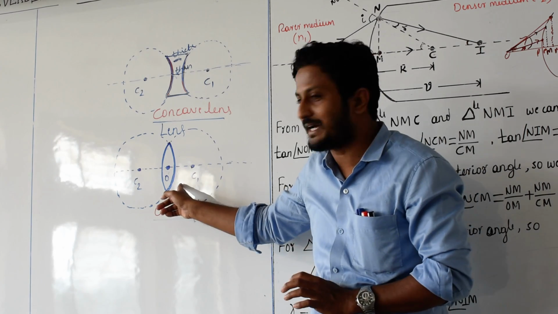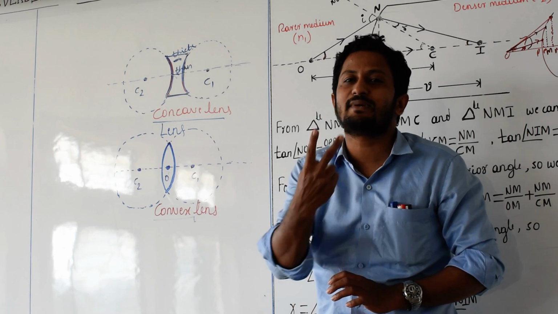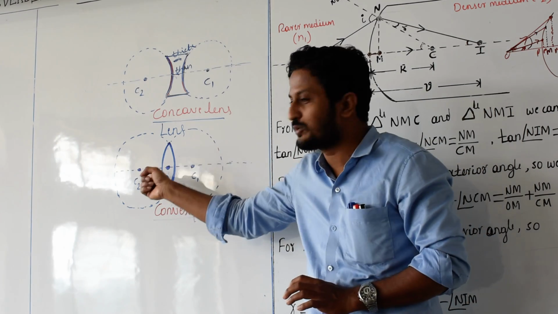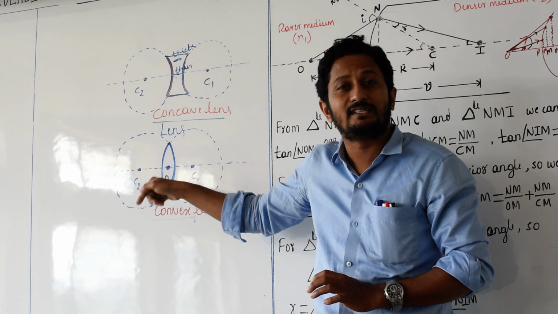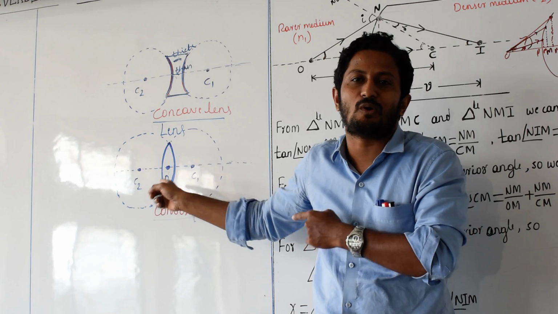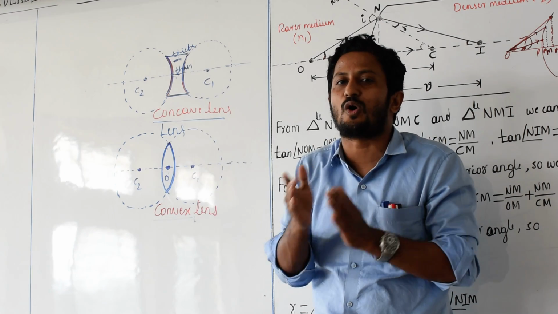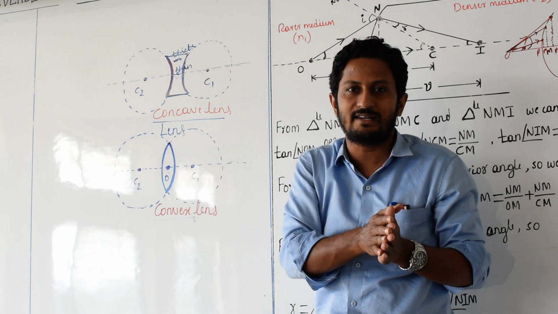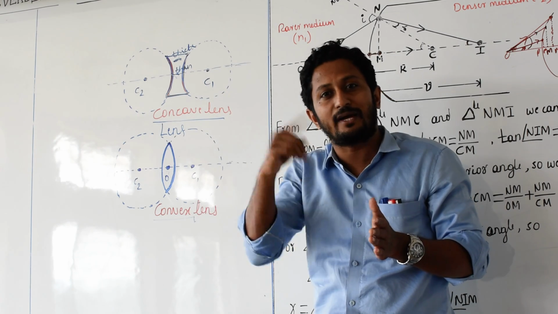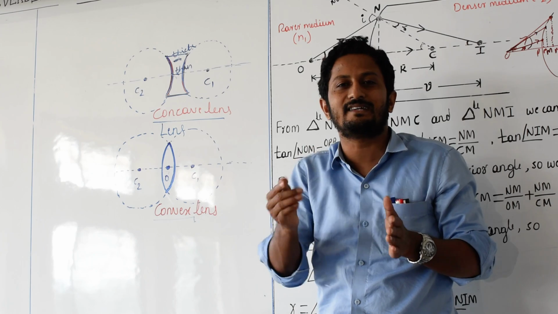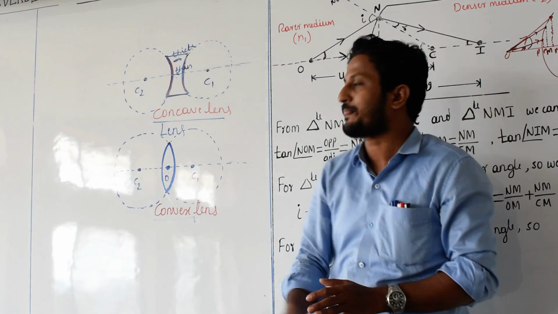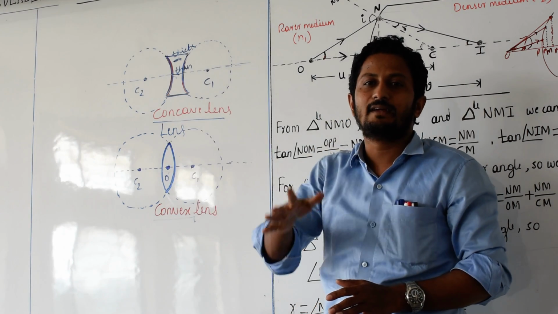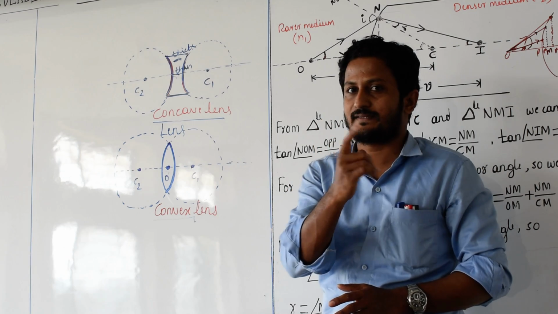So we call this bi, meaning two. On both sides it is thick at the middle, so we call it a biconvex lens. Biconvex means on both sides it is convex, thick at the middle.